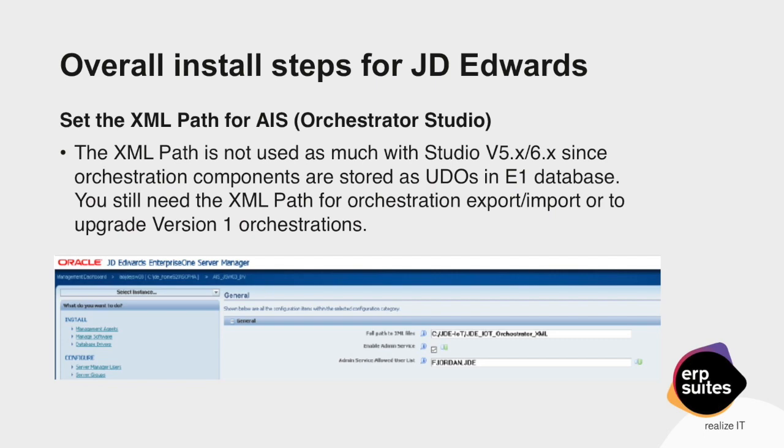I manually had to go and copy my files from DV to another folder for PY, another folder for production, when I would put them in. Of course, with user-defined objects, all this stuff goes away. We don't have to deal with that anymore. But if you happen to be on one of these old releases and you haven't run the upgrade to get your XML files converted to UDOs, you still need this path. So you just need to be aware of it.